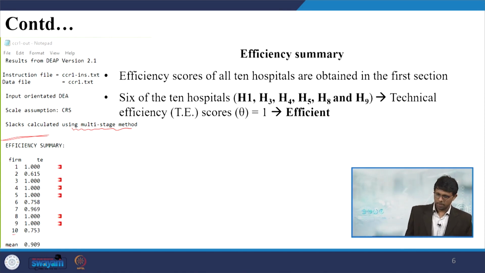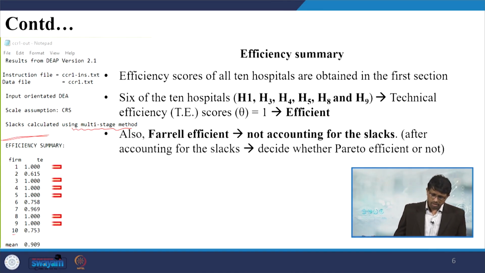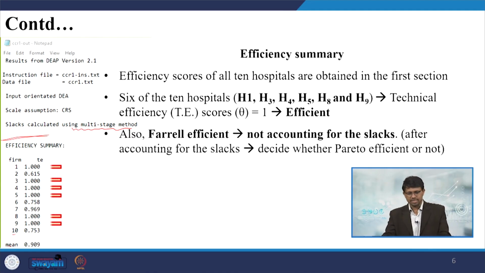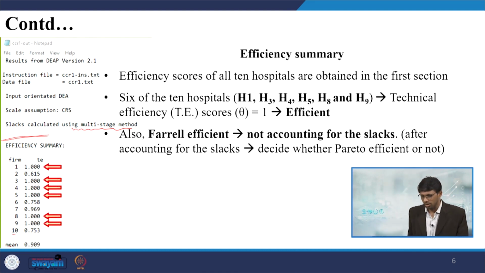These 6 are technically efficient, okay, since their score is actually a perfect 1, and they are called efficient firms. Also, Farrell efficient firms, those are not accounting for the slacks. At this moment, it is not accounting for the slacks. After accounting for the slacks, we will decide whether they are Pareto efficient or not.